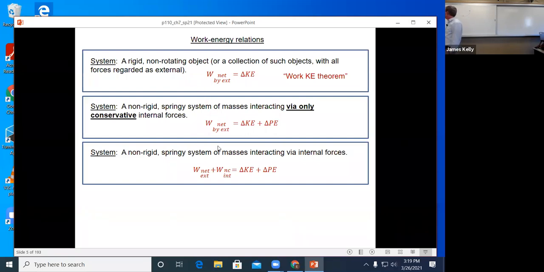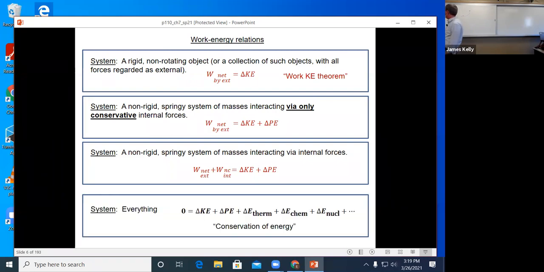So if we take this most general one, with no external forces doing work, everything's inside the system, and there are lots of changes in energy state of the system. So one could think about not only changes in kinetic energy.